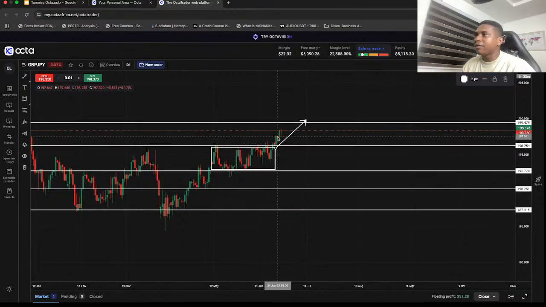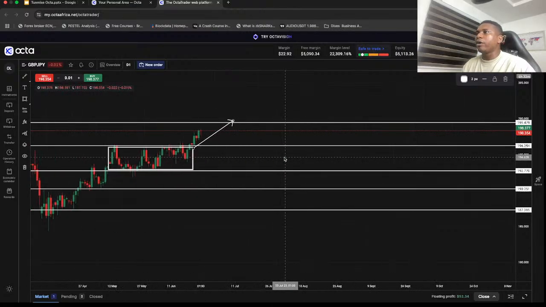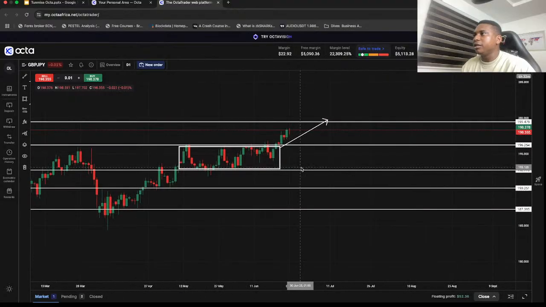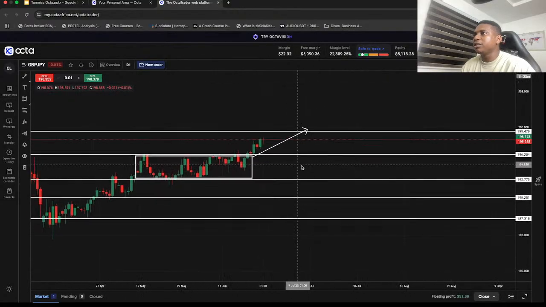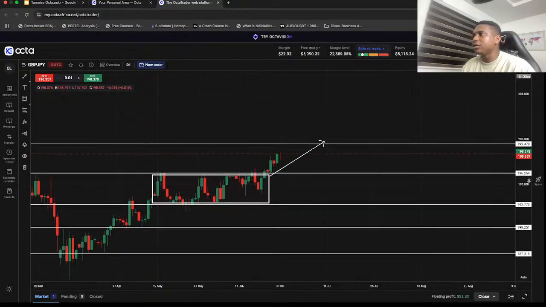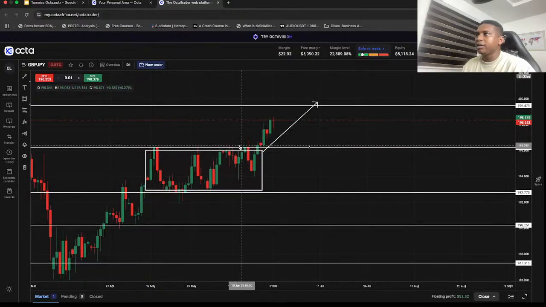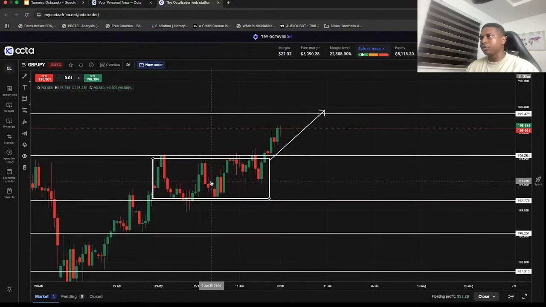Okay. Now after this breakout occurred, we see that price has been going up. And currently, when you look closely at the most recent last three candlesticks, it's clear that the buy momentum is strong after the breakout from this consolidation.